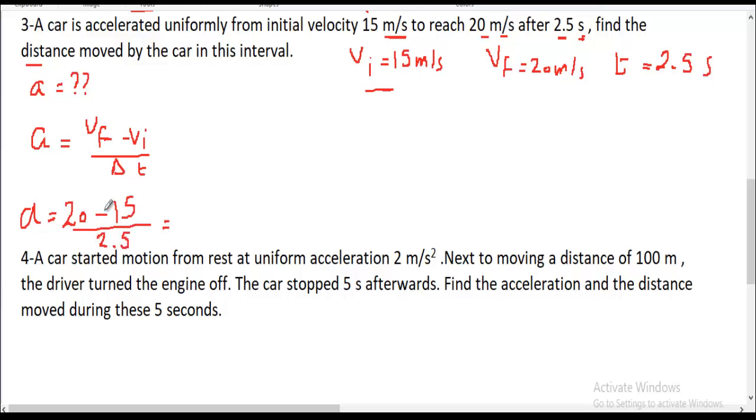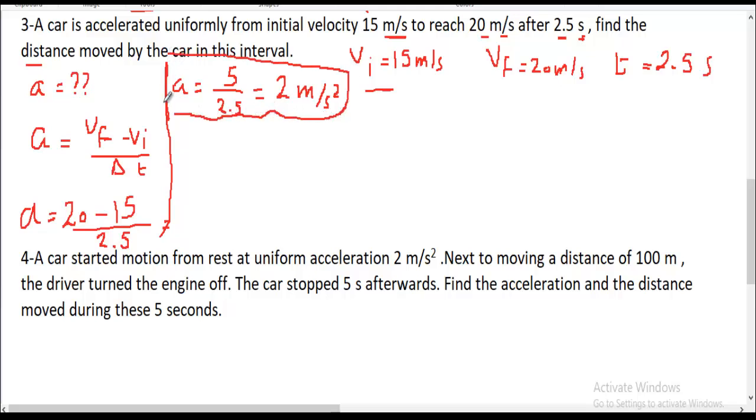So it would be 20 minus 15, which is 5, over 2.5, so it equals 2 meters per second squared.